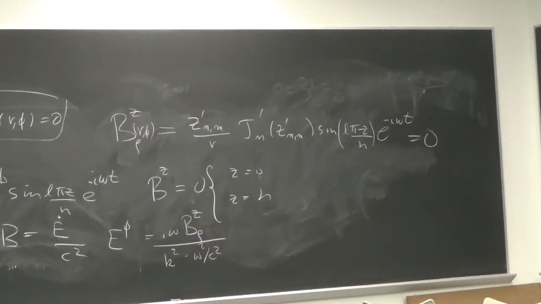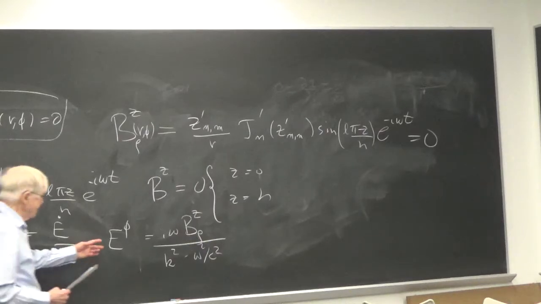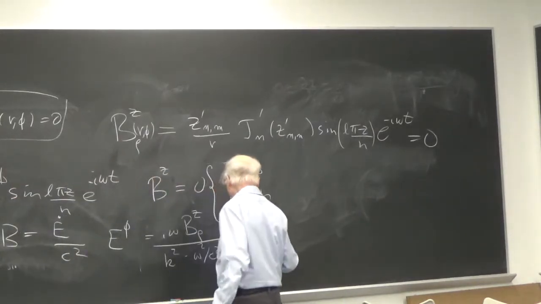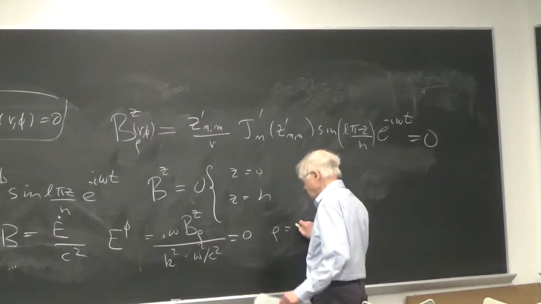We set rho equal to R, this is just that evaluated here, so that's 0. And so that means that E phi vanishes when rho is equal to R.